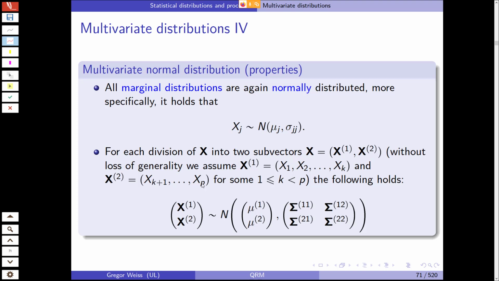Then it is again normally distributed. You can simply divide this vector up into two sets of vectors, and again what you get is normally distributed random vectors.